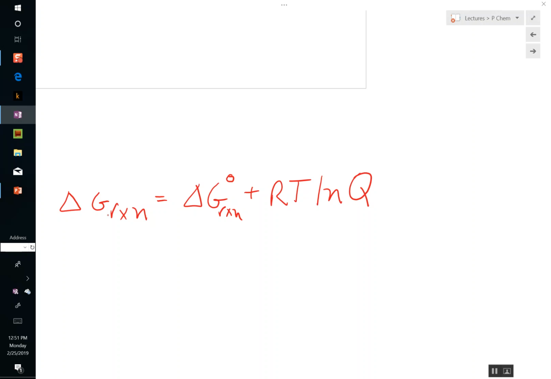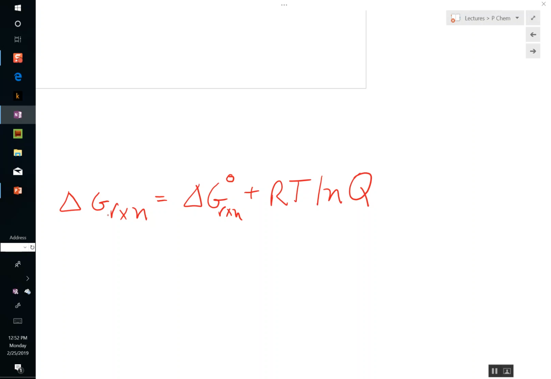You're looking at a reaction that's at 298 Kelvin and 1 atmosphere pressure. So the conditions of this reaction are specified, leading to a constant number. It's characteristic of the reaction as you wrote it, however the reaction is written.